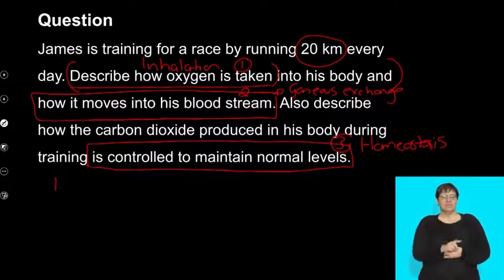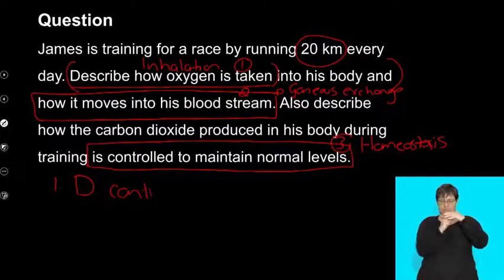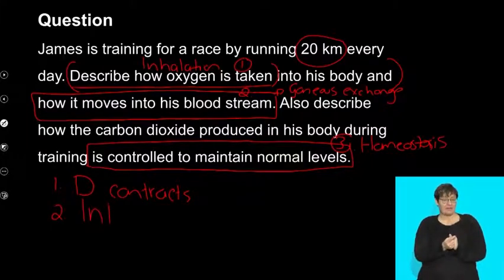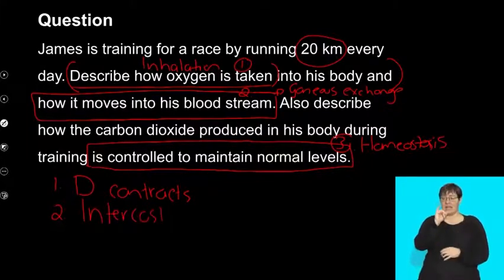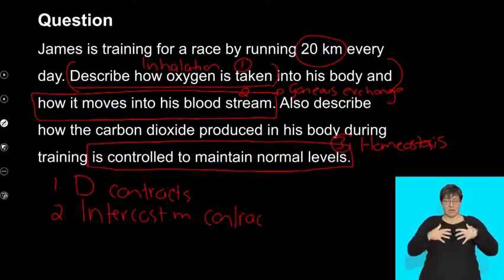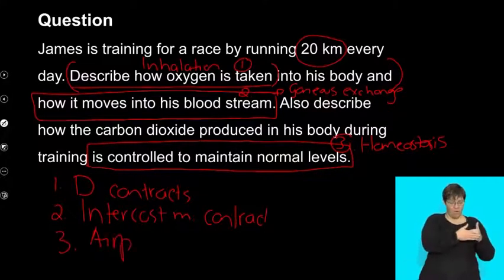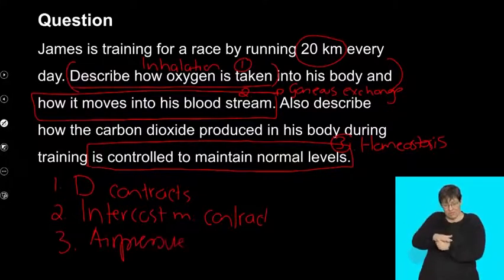I don't know how to spell diaphragm always, so I'm just going to put D. What does the diaphragm do? It contracts. And when it contracts, it moves down. But I don't need to know all the details. The second thing that happens is my intercostal muscles also contract. So what does this cause? It causes the air pressure in my thoracic cavity to decrease.